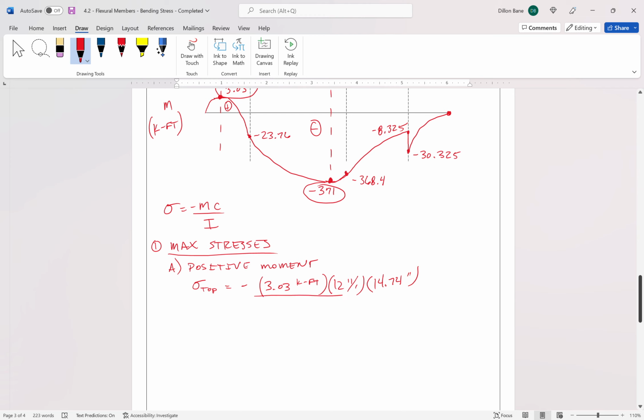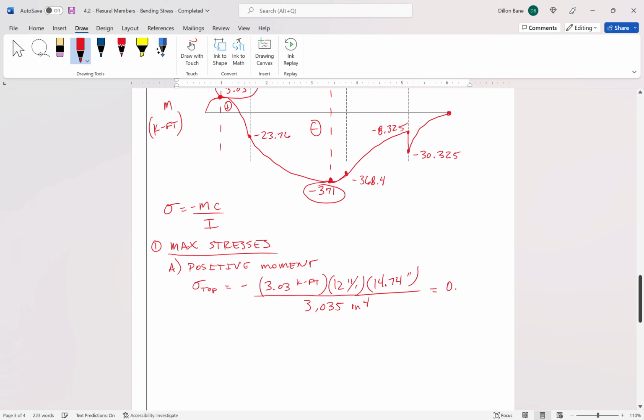That's negative MC over I, where I was 3,035 inches to the fourth. At this point, we just plug and chug, right? We've got all the variables in there. We've only got one negative sign in this equation, so it comes out negative, which means compression, which is what we would assume it would be, so we know we're right.